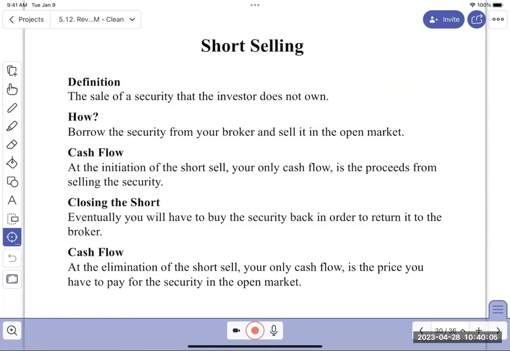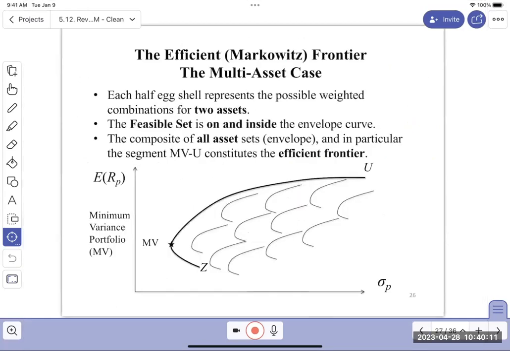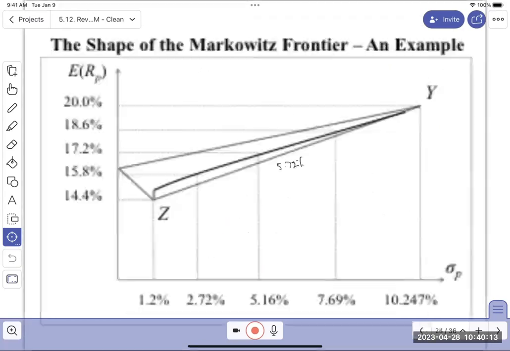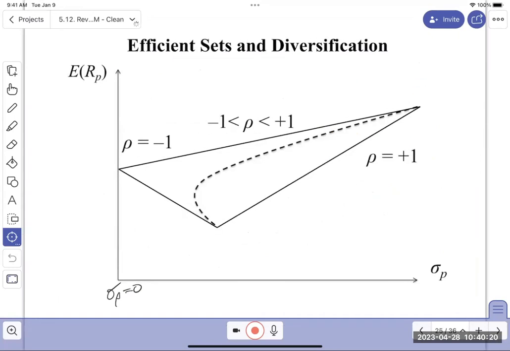Okay, so what we're going to do next, so we've talked about all possible combinations of two assets, how they depend on the correlation between them, and the general depiction of all possible combinations of two assets that investors can choose between. And their choices will begin here at the minimum variance all the way up.